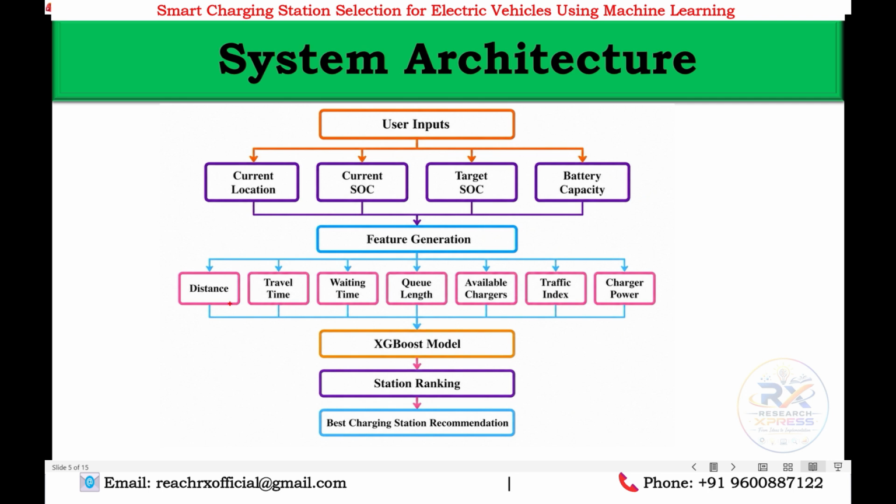We can know the distance, travel time, waiting time, queue length, available chargers, traffic index, charger power. Everything the dashboard will extract. Based on that, the XGBoost model does station ranking, and the output is the best charging station recommendation. This is the overall system architecture we have seen here.